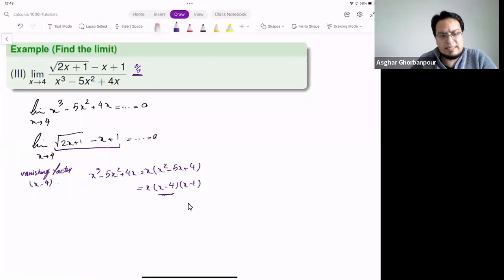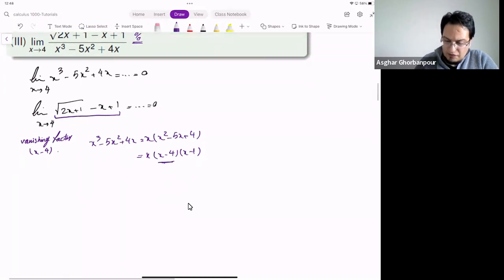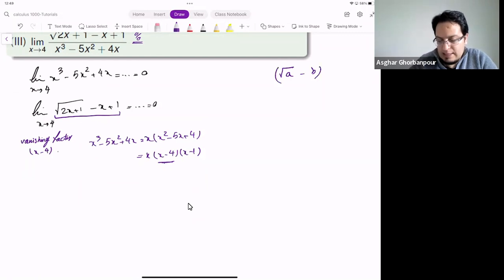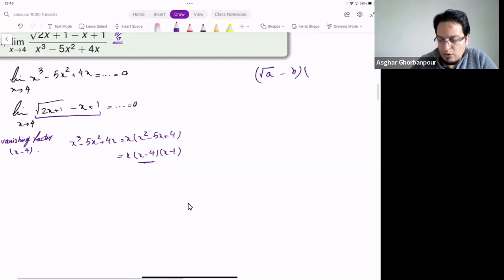The way it works is this: if you have the root of something minus another thing, it could be the root of something or anything else there, you can multiply this by what is called its conjugate.